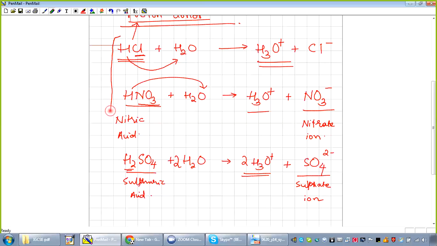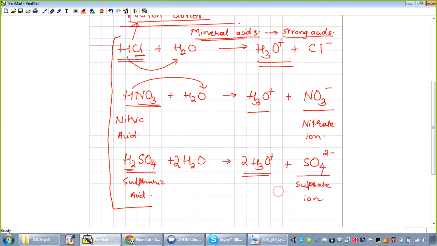These three of them I told you earlier also, they come from minerals, these three acids, so we call them mineral acids. And remember, mineral acids are strong acids.